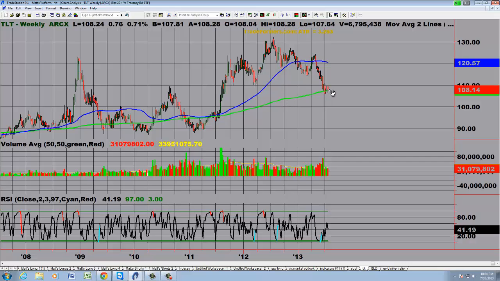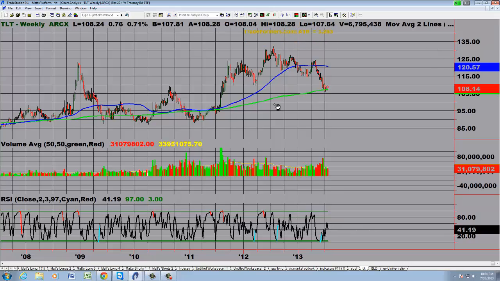It's been sort of hanging on. We've been holding those lows that were put in a couple weeks ago right around that moving average. So that is holding. This is really the fairly long-term view of the market.